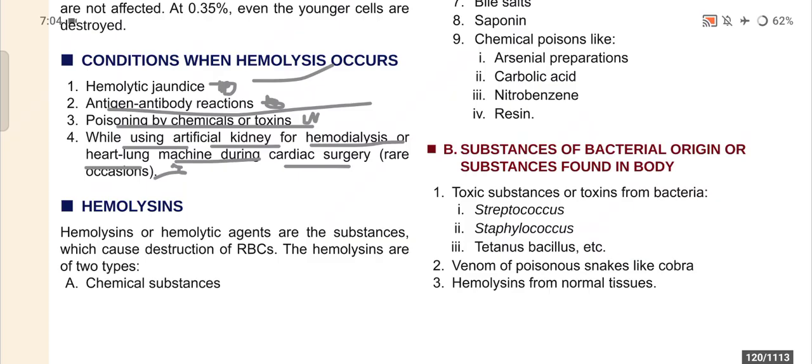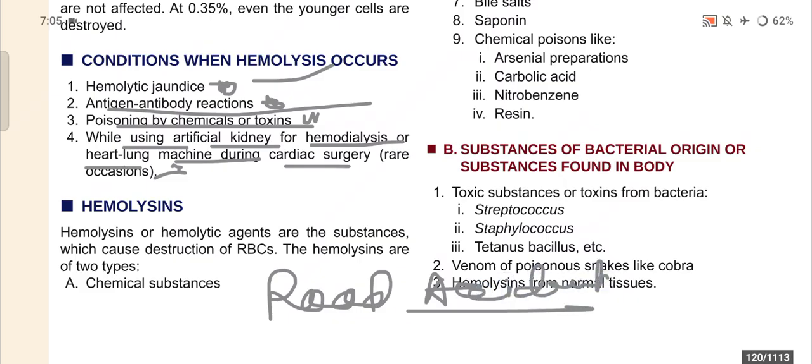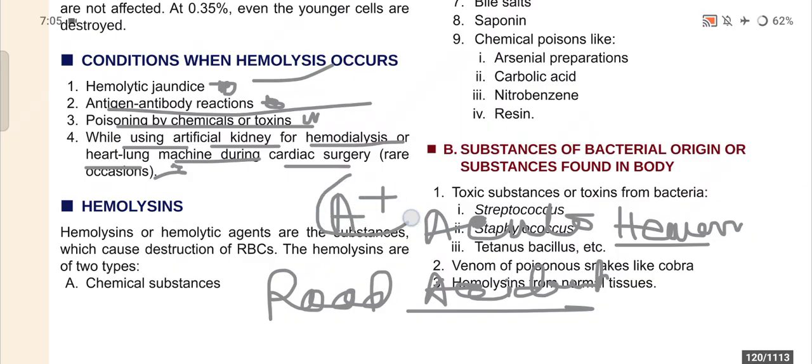Suppose a patient has had a road accident and has lost some blood due to acute hemorrhage, and has acute hemorrhagic anemia, which is a normocytic normochromic type. Then suppose he has the blood group A positive, and there is no A positive blood in the blood bank.